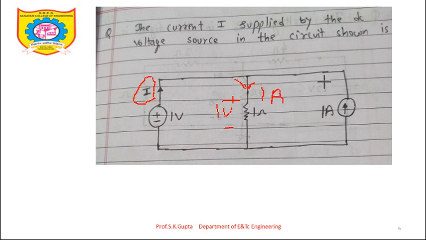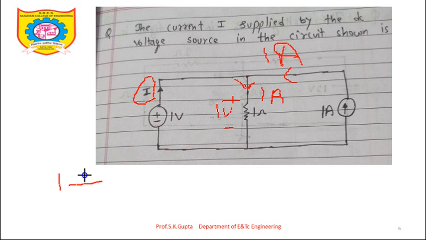And here this 1 ampere source is also providing 1 ampere current over here. If I apply KCL, what are the incoming currents? One incoming current is I and the other incoming current is 1.